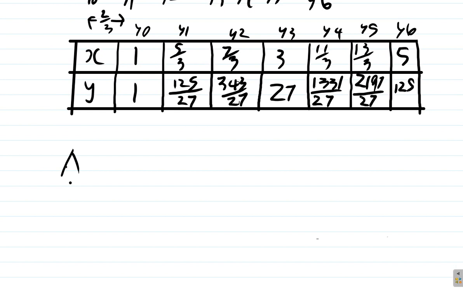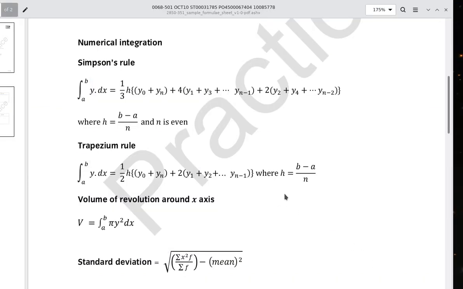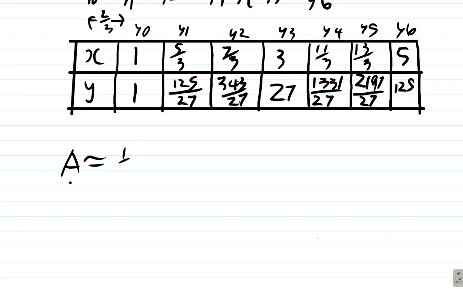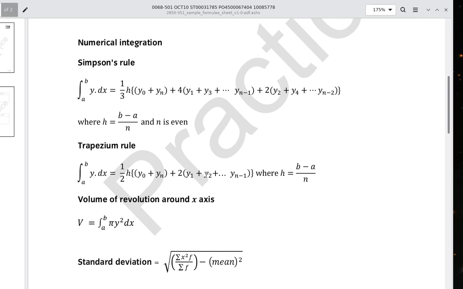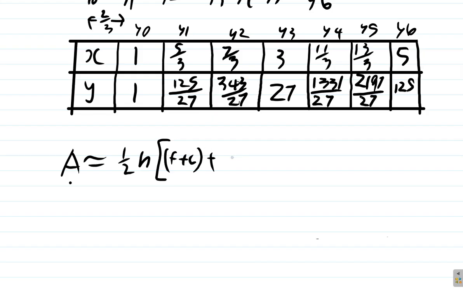So the trapezium rule says the area is approximately equal to half h, first plus last, plus 2 times the sum of the others.